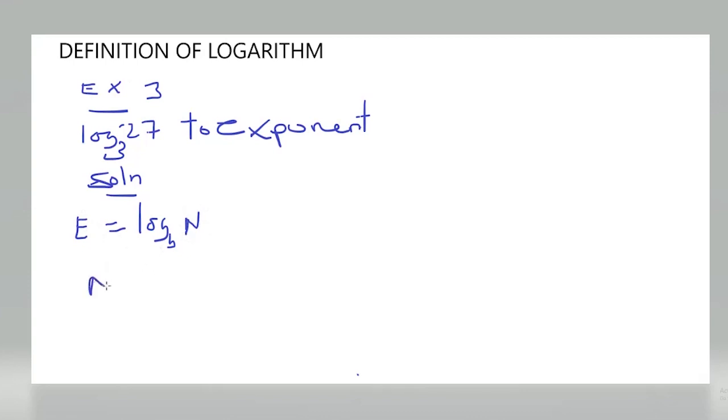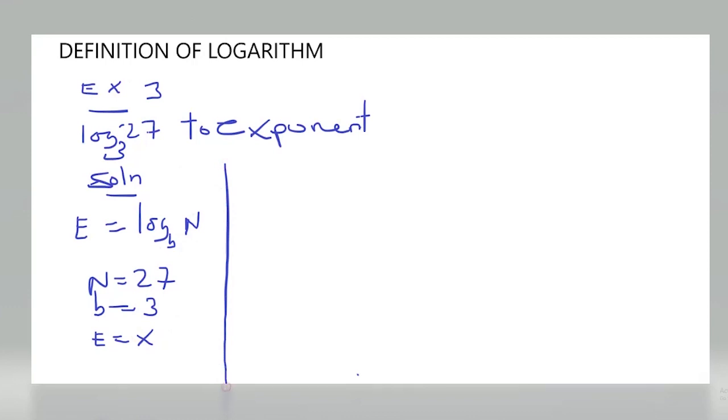Our number is 27, and our base is 3. What is the exponent? I can say let the exponent be x, because we don't know the exponent.